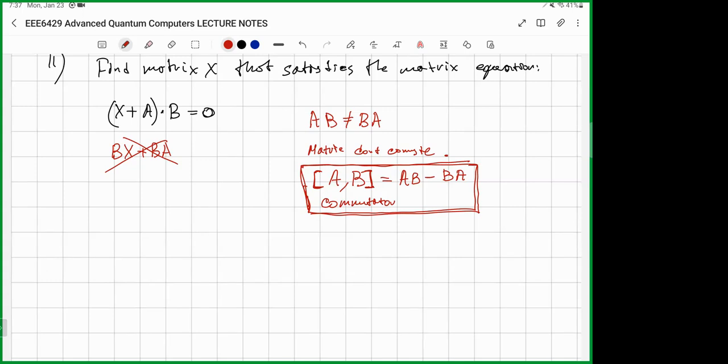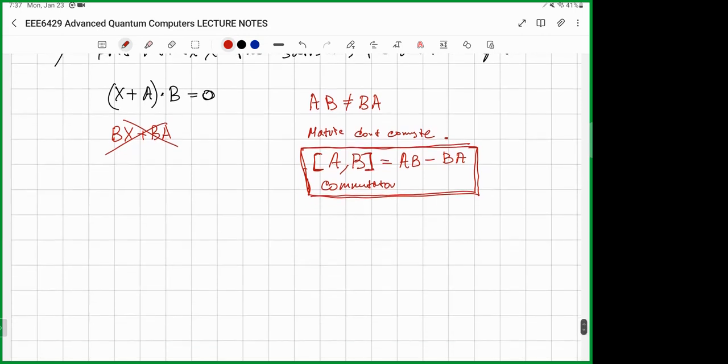But in the general case and in your homework, they don't commute, and you should track the order of the matrices. For example, in this case, the right way to multiply this would be X times B, then plus A times B equals 0.